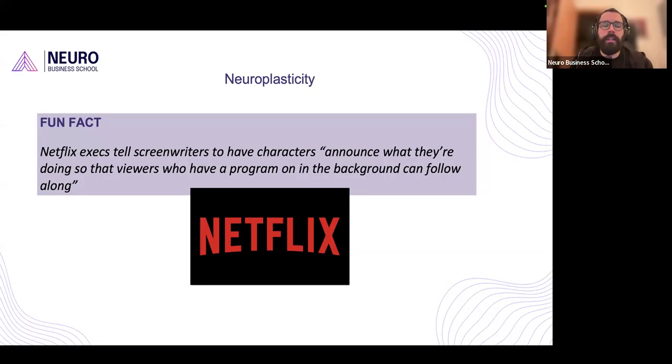In this case, Netflix executives tell the screenwriters to have characters announce what they are doing, so the viewers who are watching the TV show can do other activities.